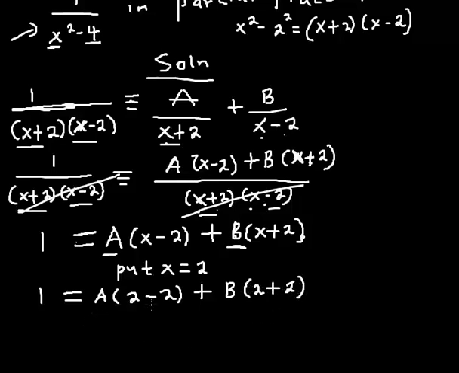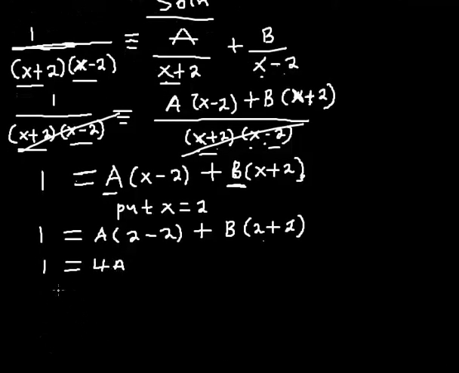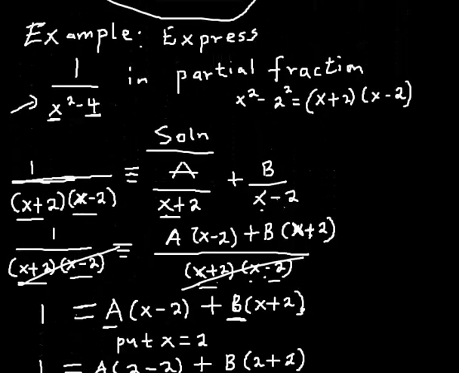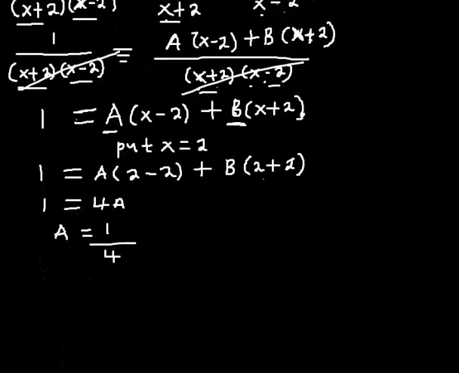So 2 minus 2 is 0, 0 times a is 0. So I'm left with 2 plus 2, that is 4. So I'm having 4b equal to 1. So here now b is going to be equal to 1 all over 4. Okay, so that is how I got my b.